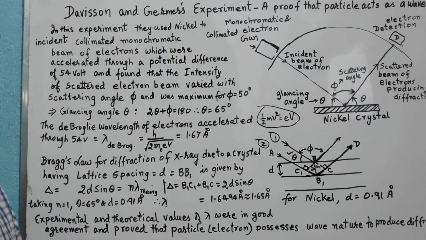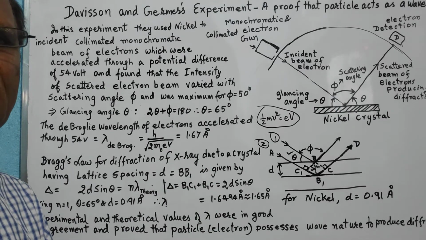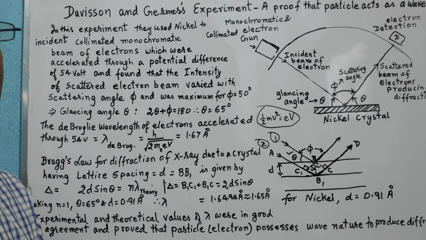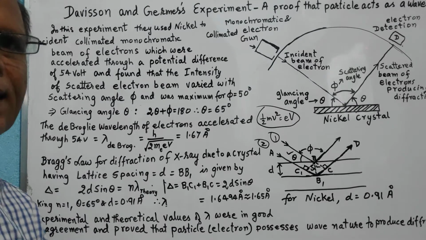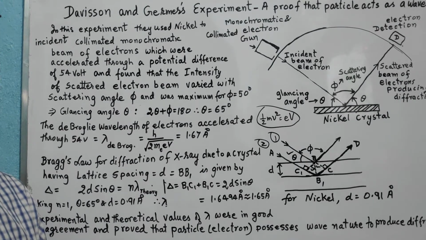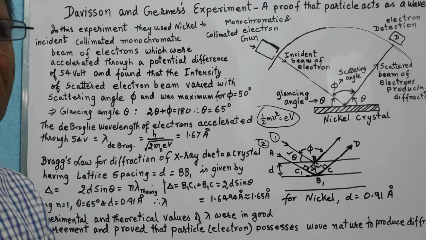So this brought a revolution, and in this process, while we have studied the topics in this chapter, we have now understood that a wave behaves like a particle, and a moving particle behaves like a wave.